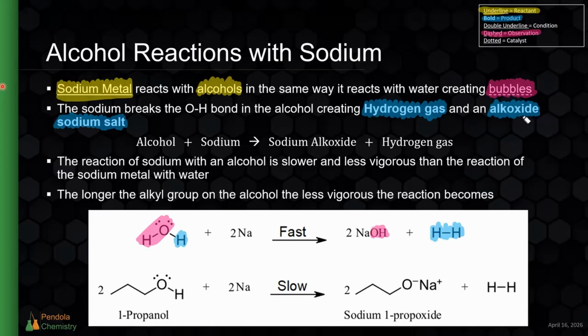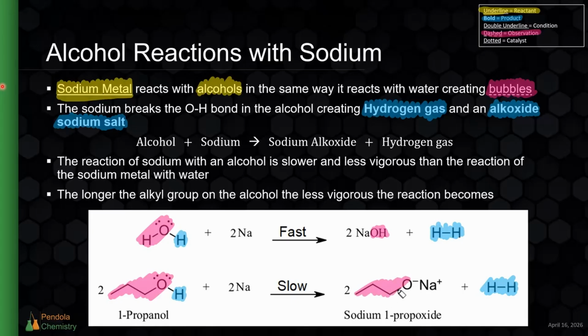So like I mentioned here, what is an alkoxide ion? An alkoxide ion is the alcohol version of the OH. Because when an alcohol reacts with sodium, the alcohol is going to lose its hydrogen as well. The hydrogens lost by the alcohols come together to create hydrogen gas, which is why we see bubbling. The rest of this alcohol, the O with the whole carbon chain, becomes what we call the alkoxide ion.